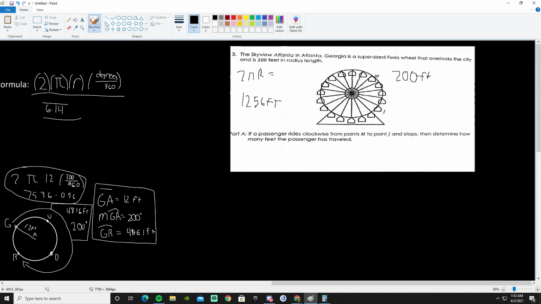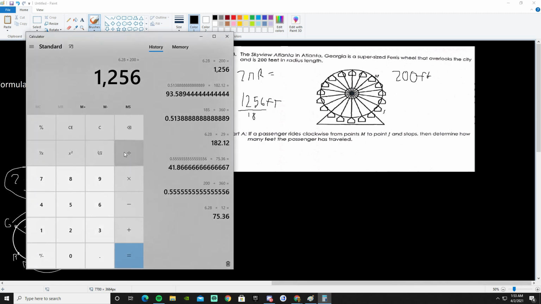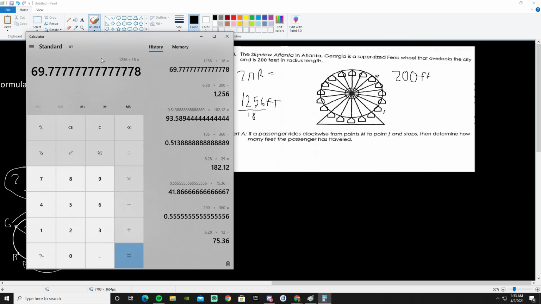Then, assuming there are 1, 2, 3, 4, 5, 6, 7, 8, 9, 10, 11, 12, 13, 14, 15, 16, 17, 18 seats, I would divide this by 18, which is 69.7. That means each one of these seats is 69.7 away in length.